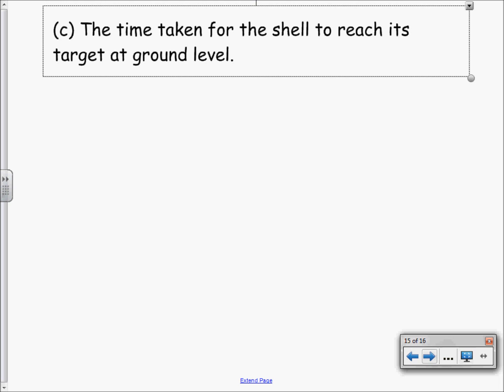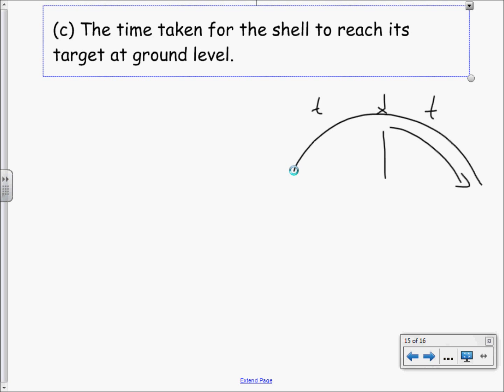All right, the time taken for the shell to reach the target at ground level. Again, symmetrical motion. Calculate the time to the top and then double it, because it takes the same time to head back down again. For this one, we want time.